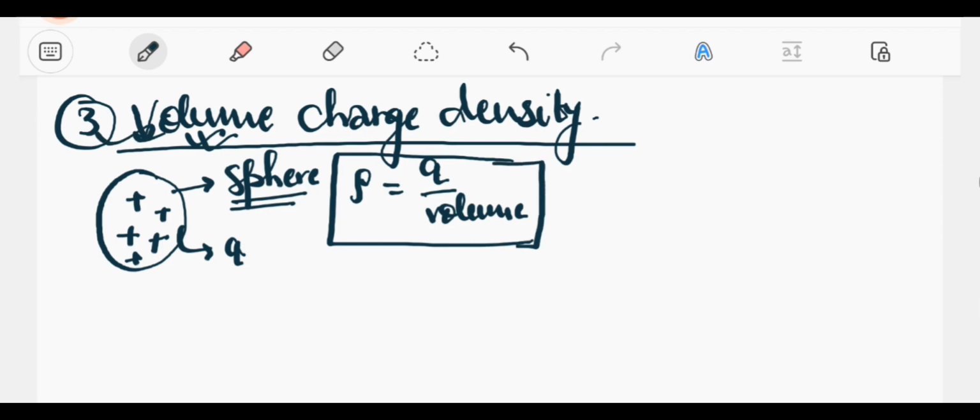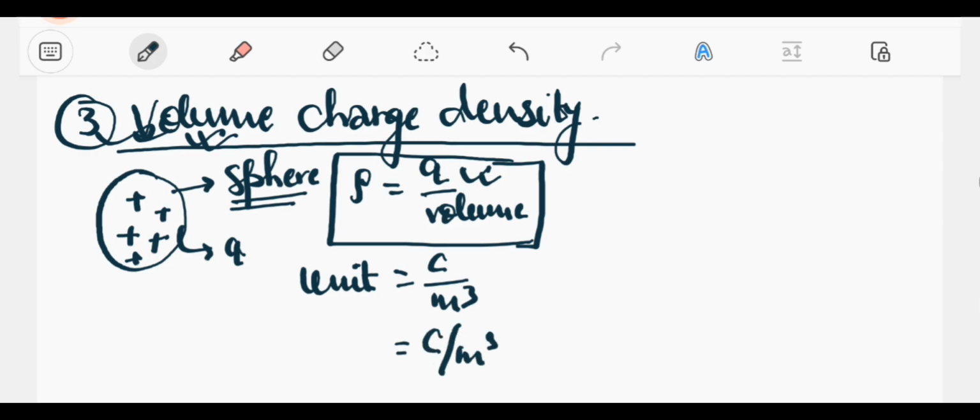Hence the volume charge density will have the unit: the unit of charge is again coulomb, the unit of volume is meter cube, so we can write it as coulomb per meter cube, or simply coulomb meter to the power minus 3. All these three forms of writing the unit are correct. Whichever you feel comfortable writing, you can take any of these options.